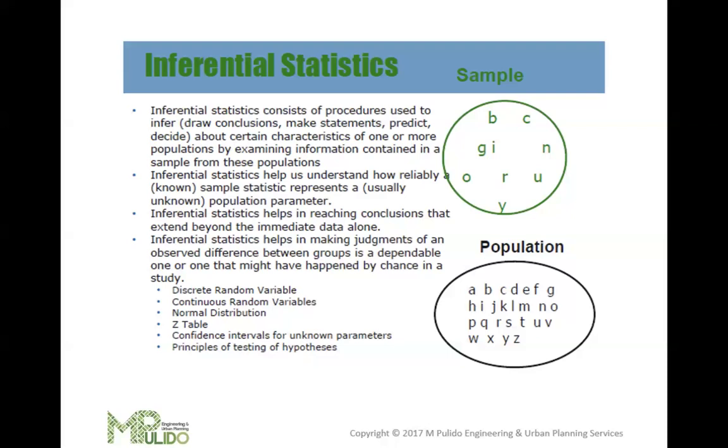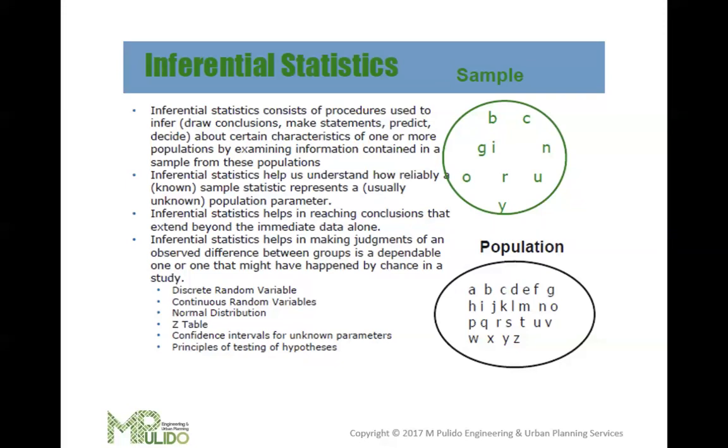Then principles of testing and hypothesis. This is a method to determine whether there's enough evidence to reject a null hypothesis in favor of an alternative hypothesis. For example, testing whether the average score of a new teaching method is higher than the traditional method.